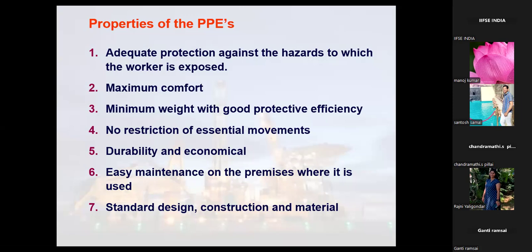Now, the first property is any PPE should provide adequate protection against the hazard to which the worker is exposed. The second property is that wearing this PPE should provide maximum comfort. It should not provide additional problems for the person who is wearing or using these PPEs.